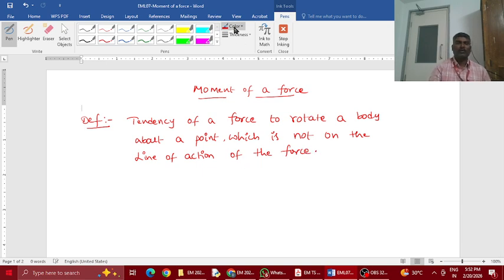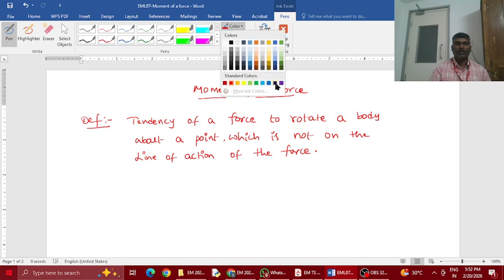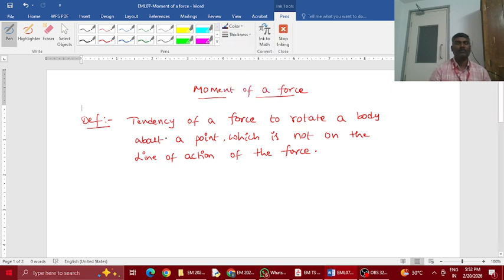Okay, so now if you see how you define the moment of a force, it is the tendency of a force to rotate the body, okay, upon which you are applying the force, okay, about a point which is not on the line of action of the force.